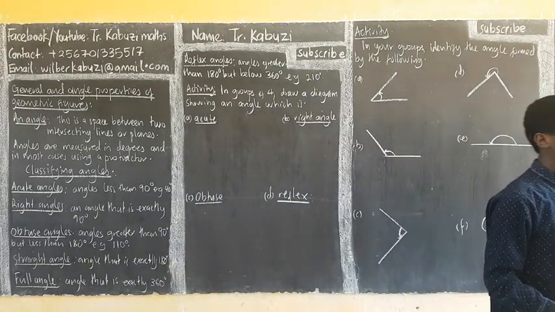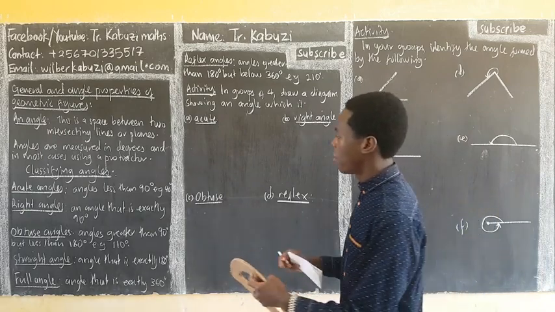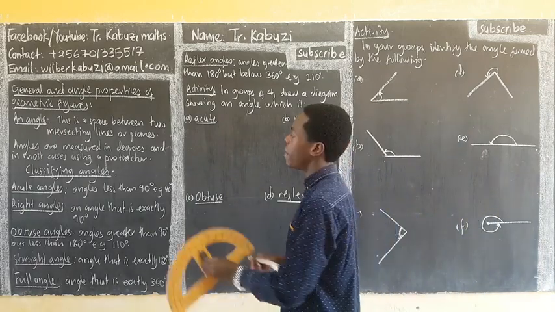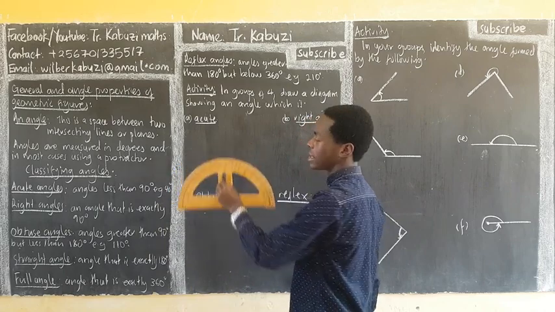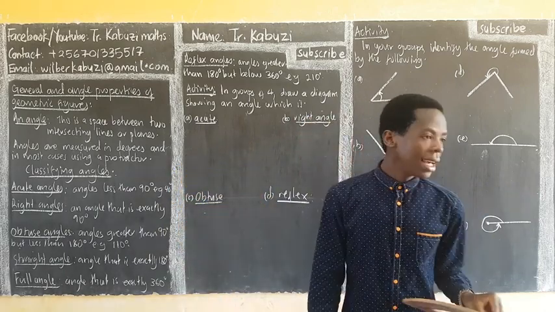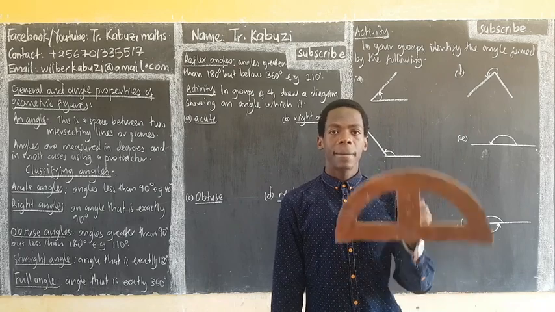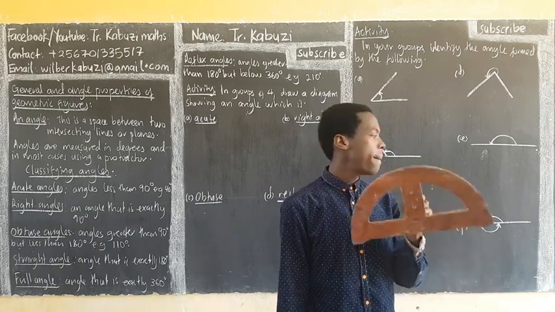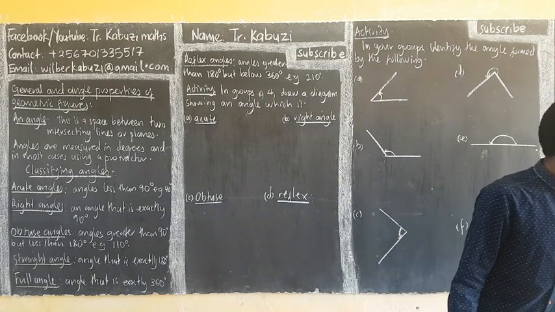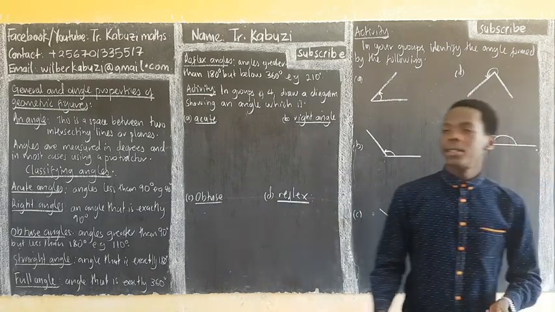This is what we use to measure. If they give you an angle, all you need to do is measure it with ease. But if they tell you to construct, never use this to break those angles. This one is just used to measure. You've seen construction in the previous weeks.